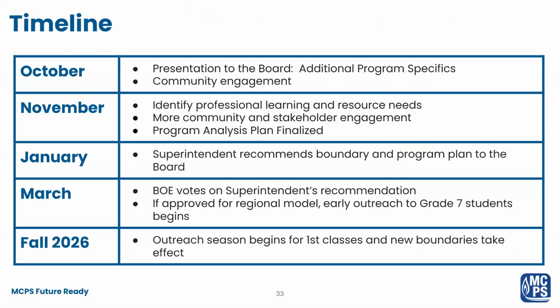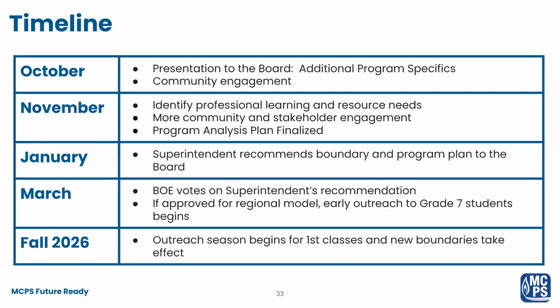Let's go to the next slide, please. So this is just the timeline for moving forward. We will continue our community engagement and continued internal engagement as we finalize or bring the final proposal to the Board of Education. And we will have that work ready for them in November.